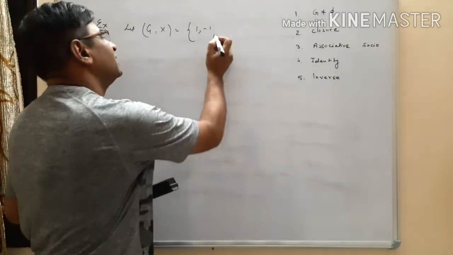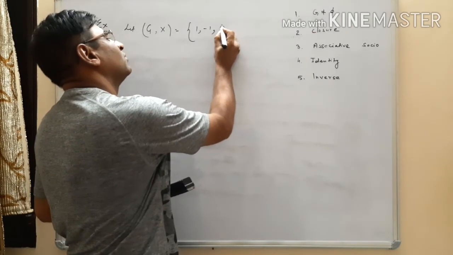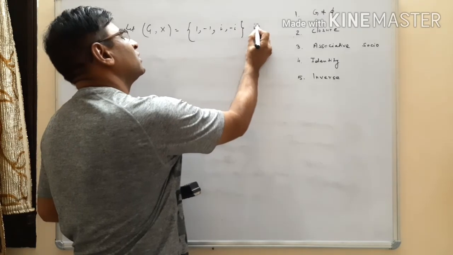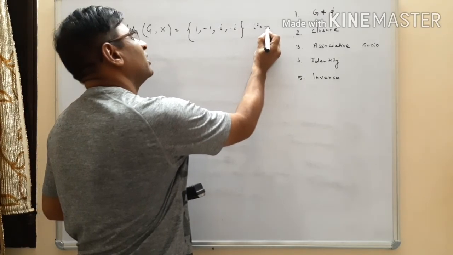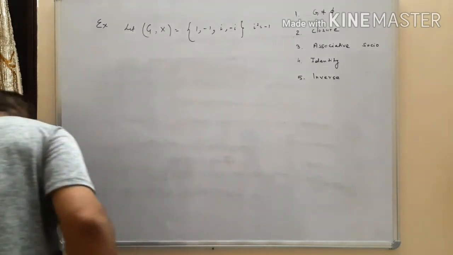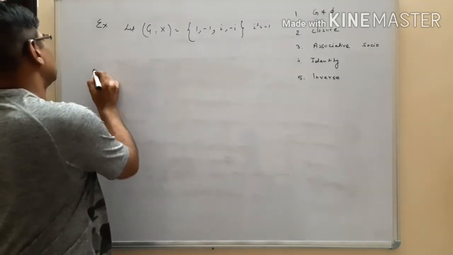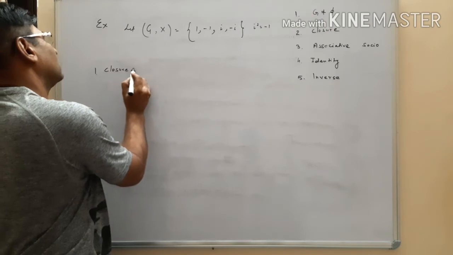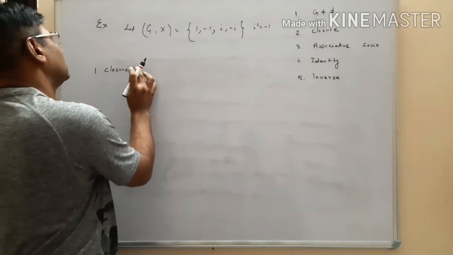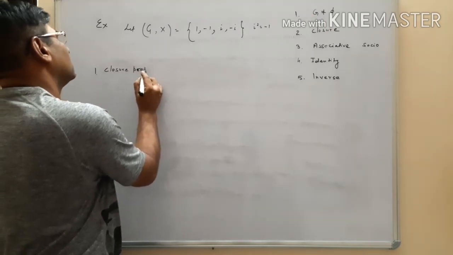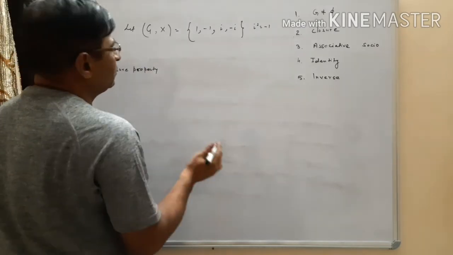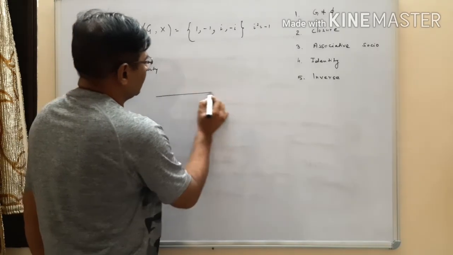Suppose I extend this set with iota and minus iota, where iota square is equal to minus 1. For the closure property, we use the Cayley table.